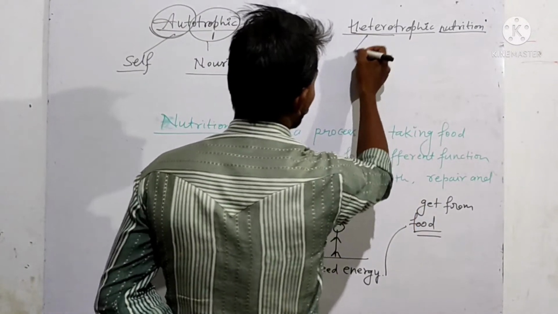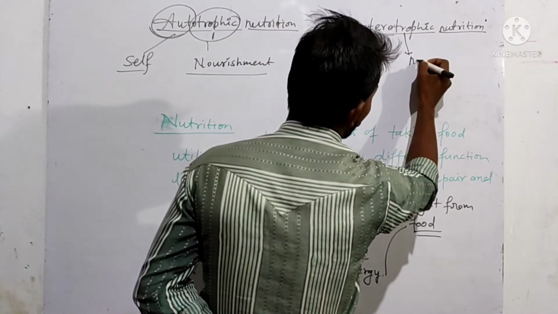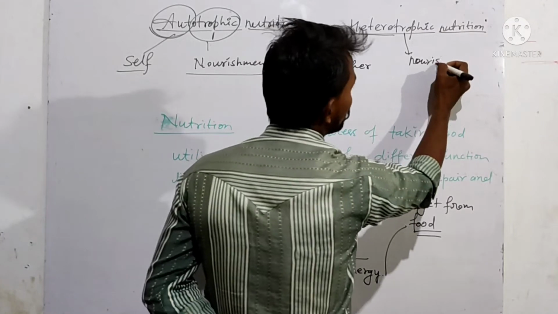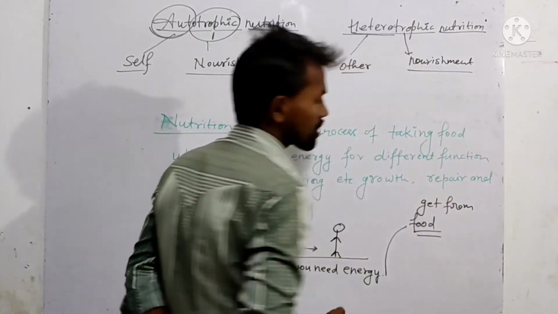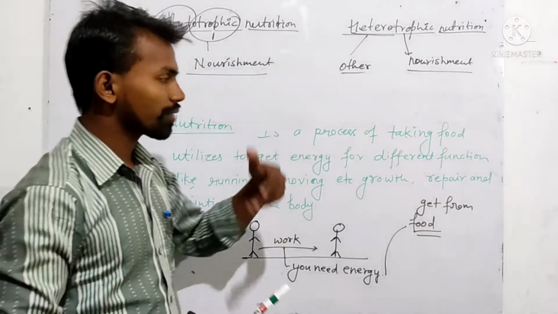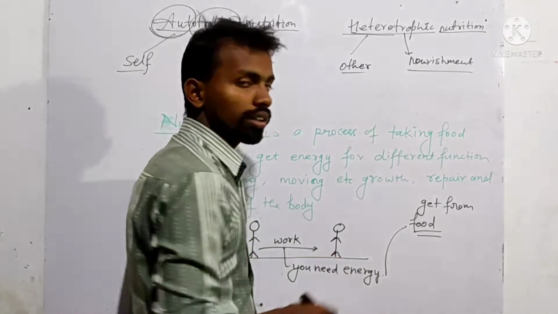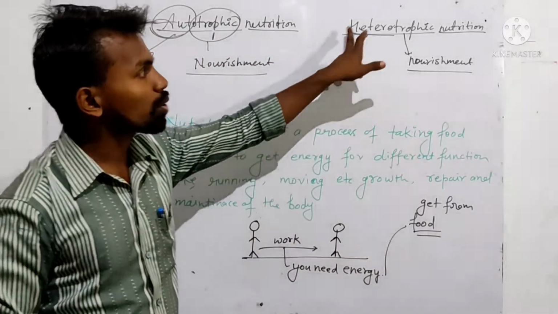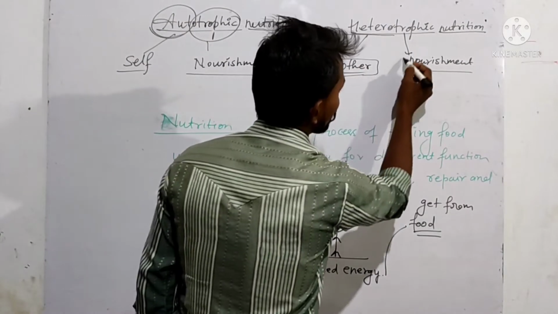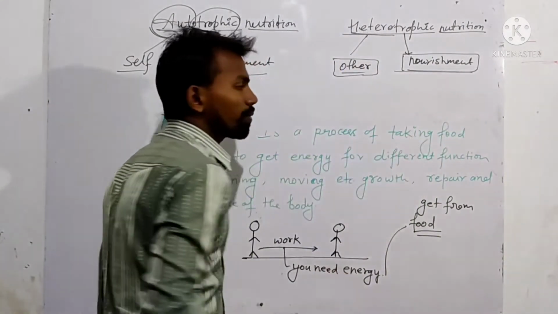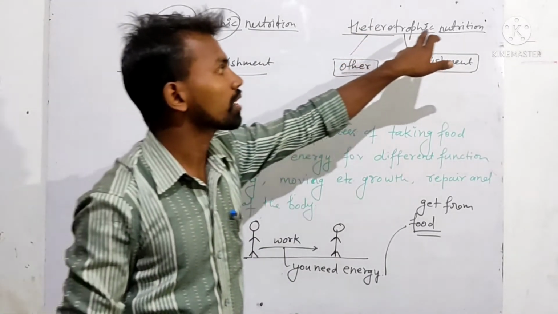Hetero means other and trophic means nourishment. When an organism takes its food from other organisms, then it is called heterotrophic, and this type of nutrition is known as heterotrophic nutrition.